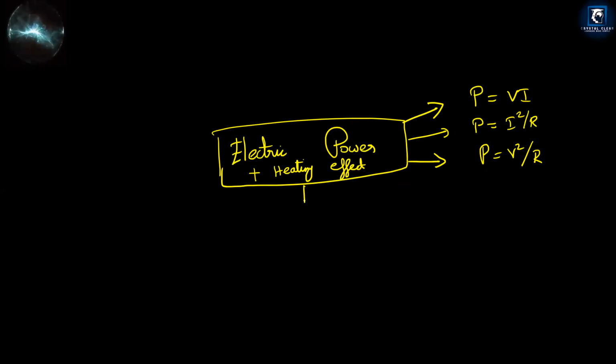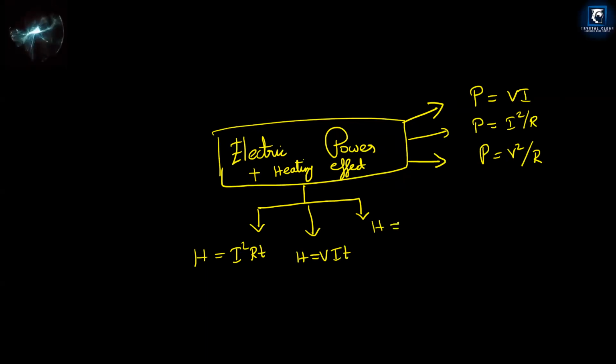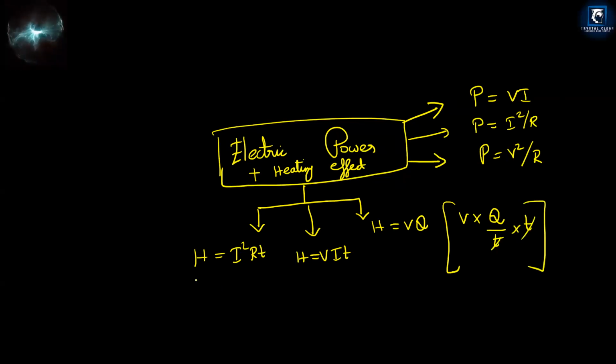In heating effects, we have another formula: H is equal to I square RT, then H is equal to VIT, H is equal to VQ, which is nothing but V into I, where I is Q by T, so into T it is VQ.